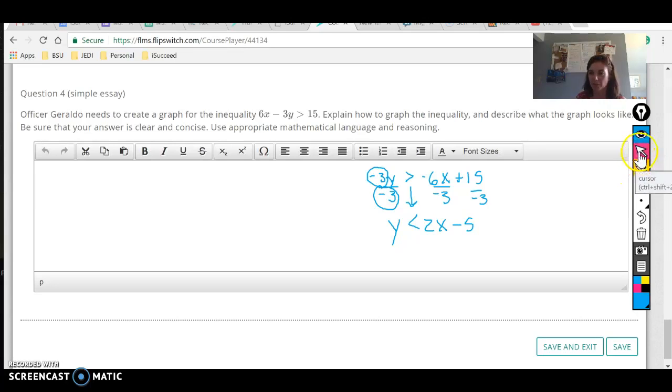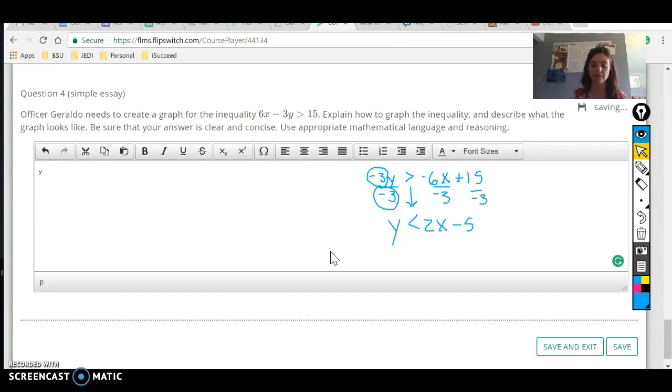Now what we'll do is go ahead and type in here y is less than 2x minus 5.